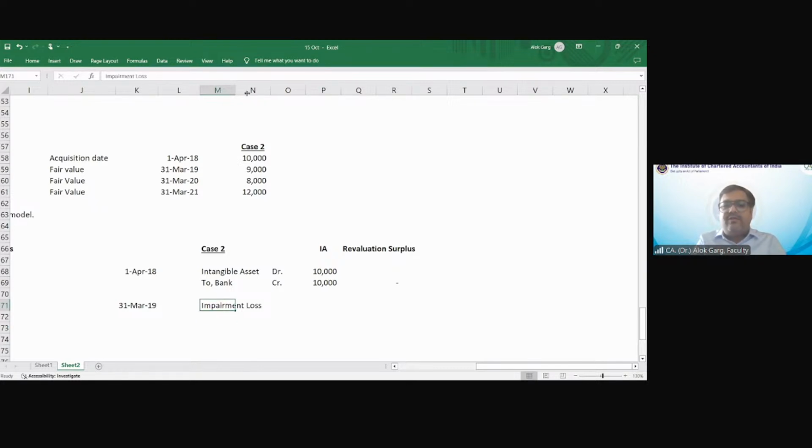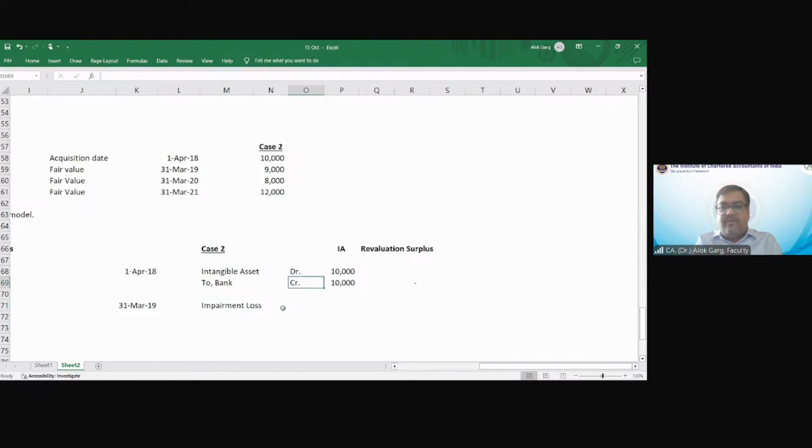I'm just explaining the concept. What happens if the value has gone down? Debit. Credit what? To intangible asset. 10,000 minus 9,000.